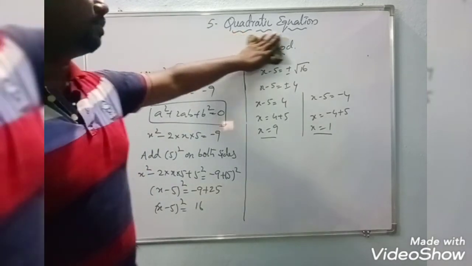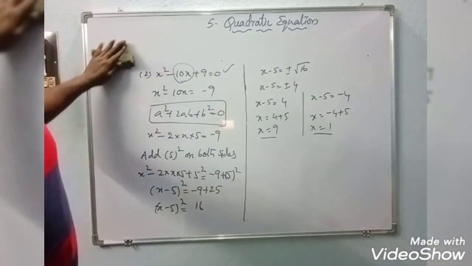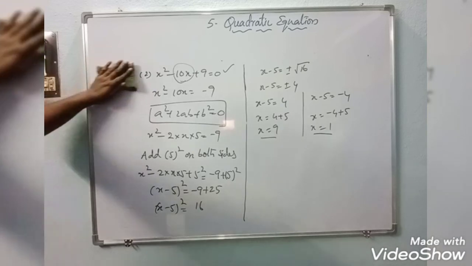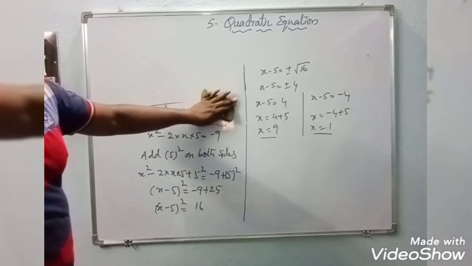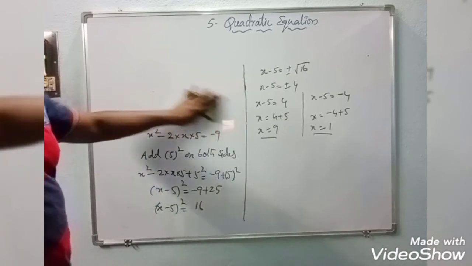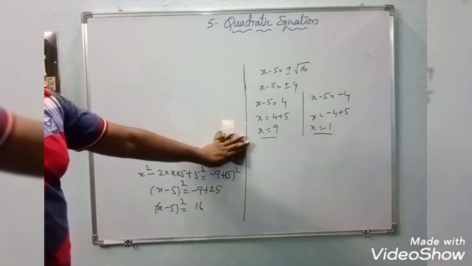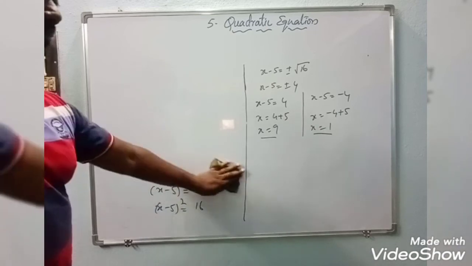This quadratic formula you have already learned in your previous classes, that is alpha and beta is nothing but minus b plus or minus square root of b square minus 4ac divided by 2a.